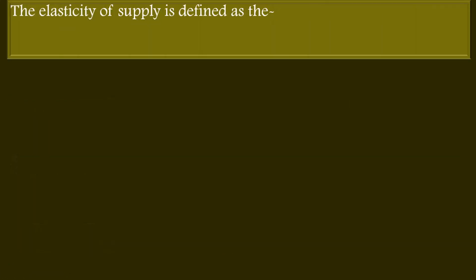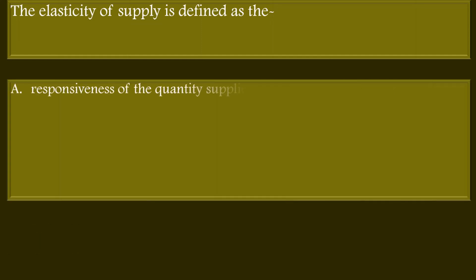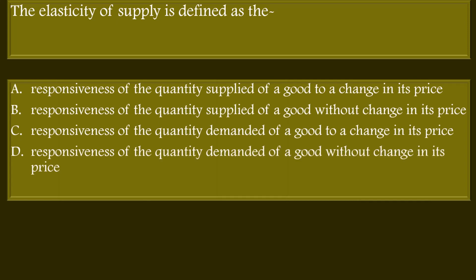Third question. The elasticity of supply is defined as the options. A. Responsiveness of the quantity supplied of a good to a change in its price. B. Responsiveness of the quantity supplied of a good without change in its price. C. Responsiveness of the quantity demanded of a good to a change in its price.